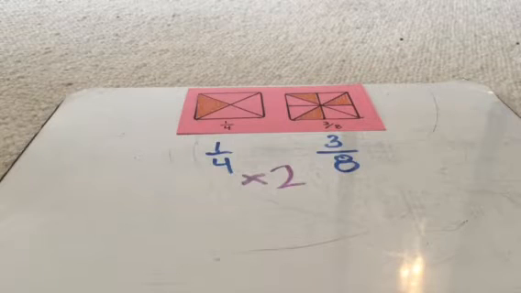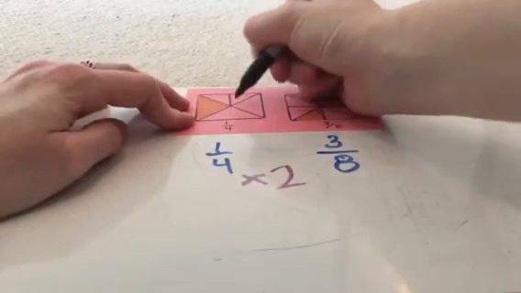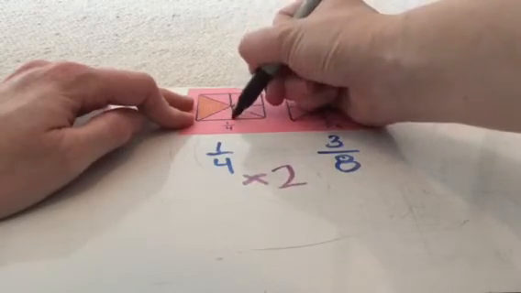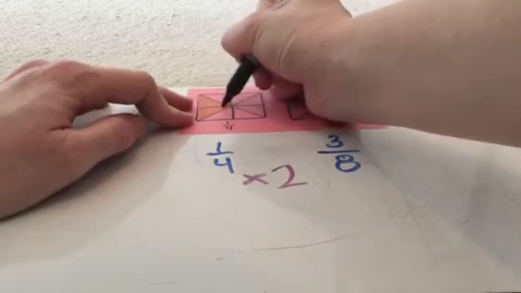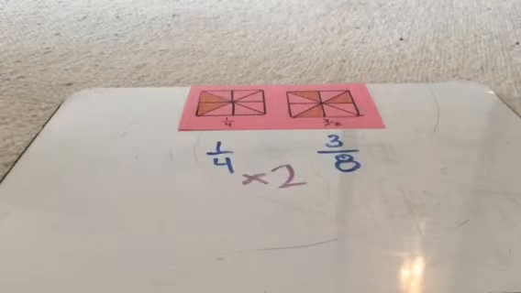So I'm going to split the 4 pieces into 2 pieces. So this piece gets split into 2. This piece gets split into 2. This piece gets split into 2. And this piece gets split into 2. Please split your pieces in your journal.